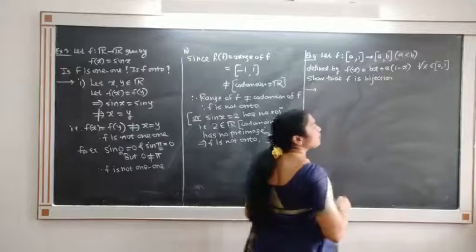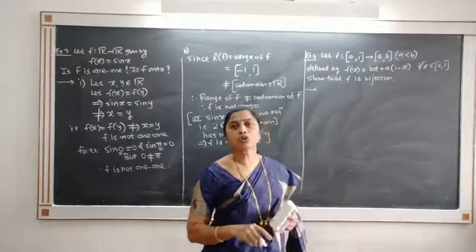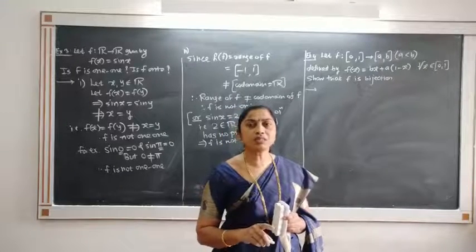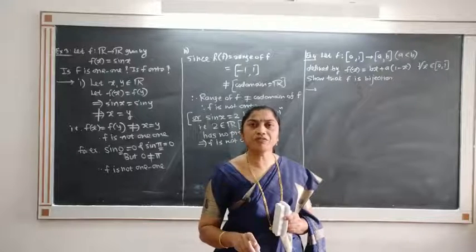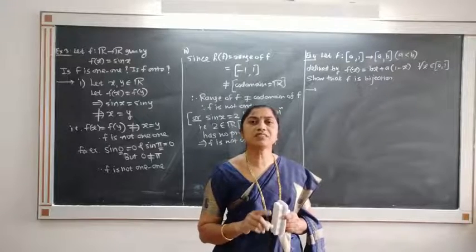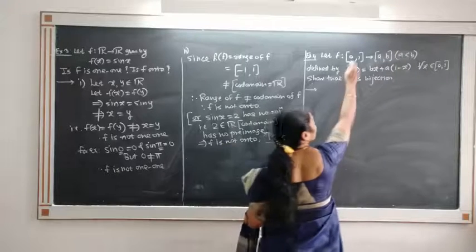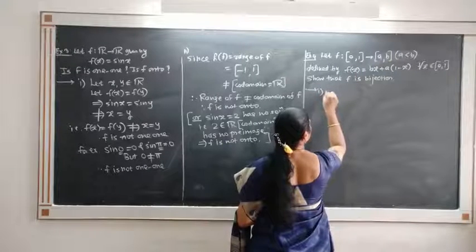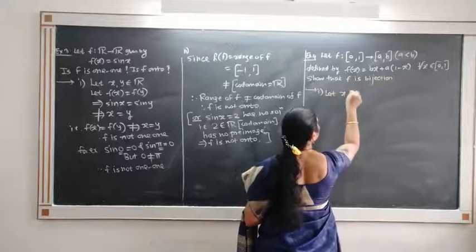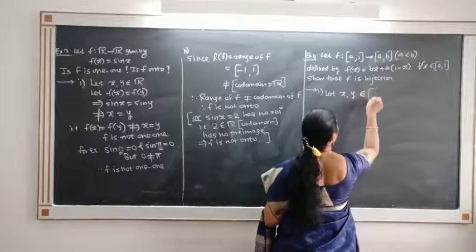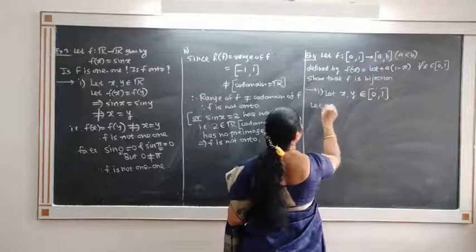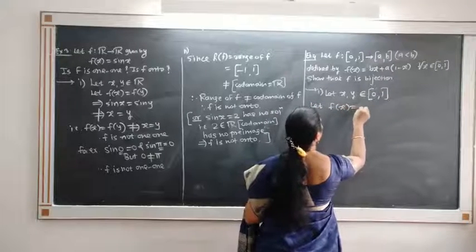So we want to show that f is a bijection, that is, we want to show that it is 1-1 and also onto. 1-1 means starting with f(x) equal to f(y), we must get x equal to y. So start with two elements x and y belonging to domain [0, 1] and let us assume f(x) is equal to f(y).